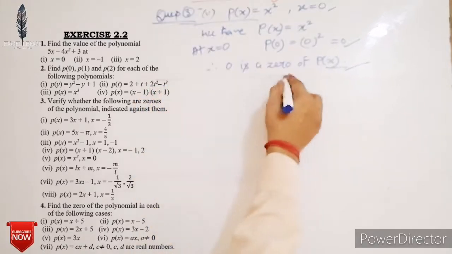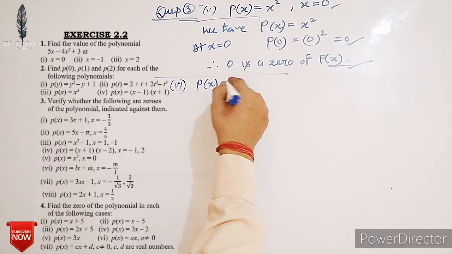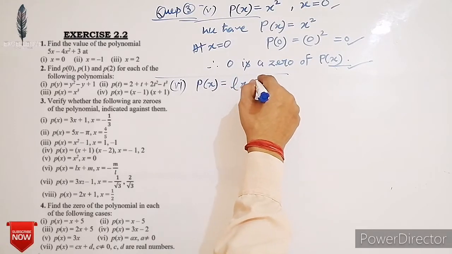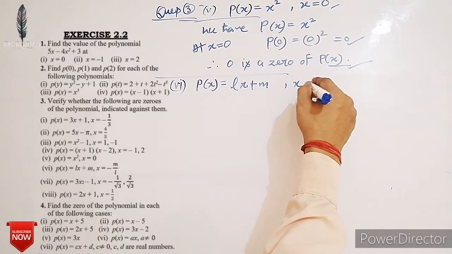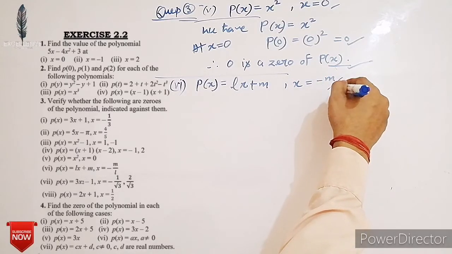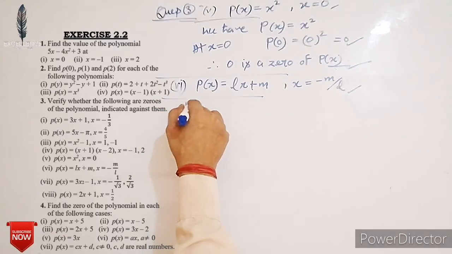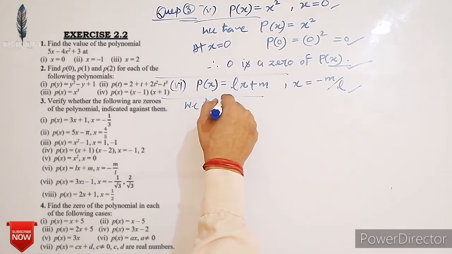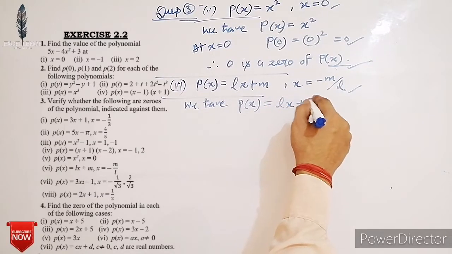Next is p(x) = Lx + m, and x = -m/L. So here we have p(x) = Lx + m.